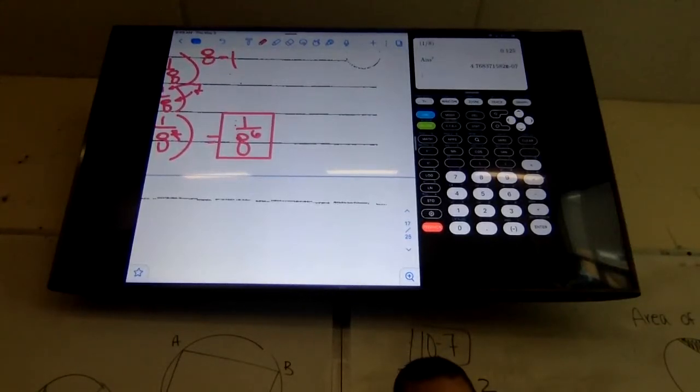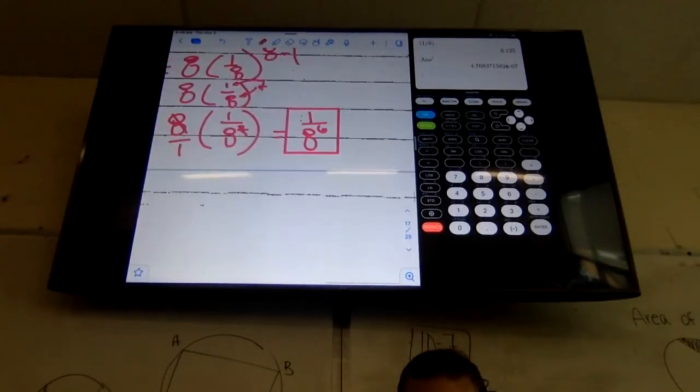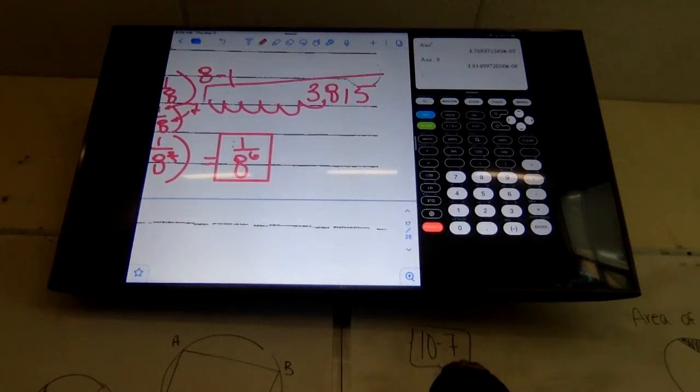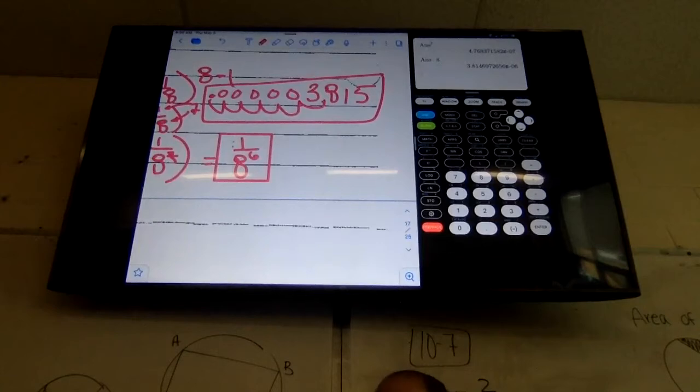So I've got 1/8 to the 7th, and I have to multiply that by 8. So now it's going to get a little bit bigger. I have to move the decimal place 6 spaces to the left. So I have to go 1, 2, 3, 4, 5, 6. So it is 0.000003815.